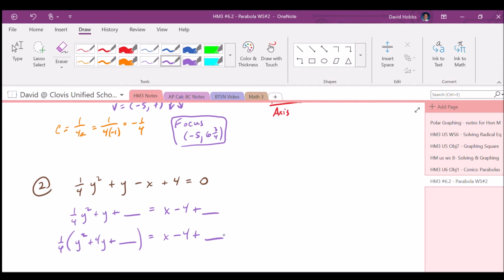Okay, so on the inside here I've got positive 1 in front of the squared term, and so that's good. Half of the middle term coefficient is 2, squared is 4, but what do I put on the other side for the blank? It's not a 4, I'm doing 1/4 times 4, which is 1.